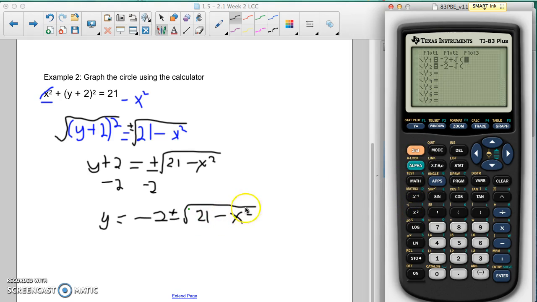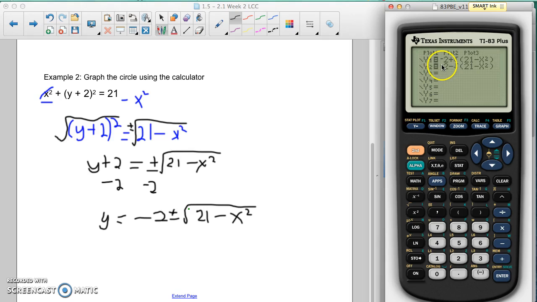And then we have to put the 21 minus x squared in parentheses. I need to do that in both of them. Move my cursor around here. 21 minus x squared. Alright, so these should be my two equations.